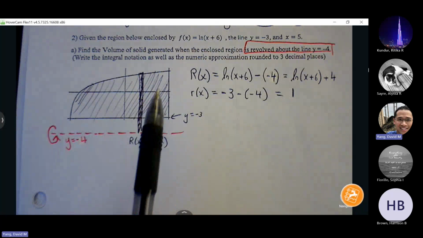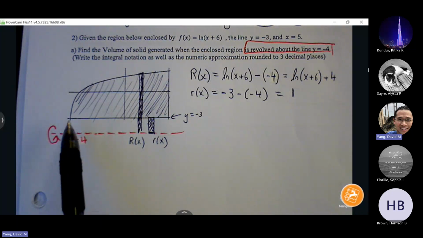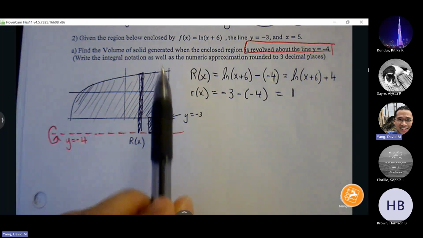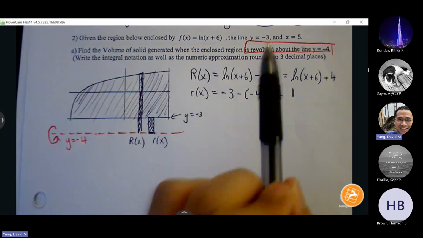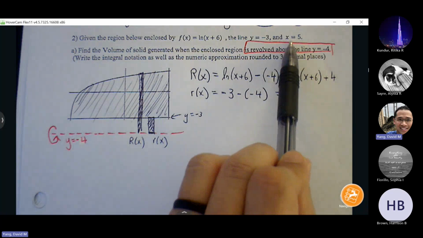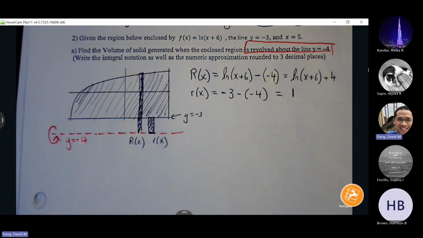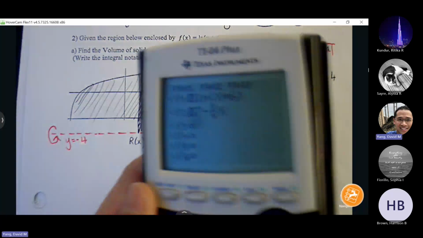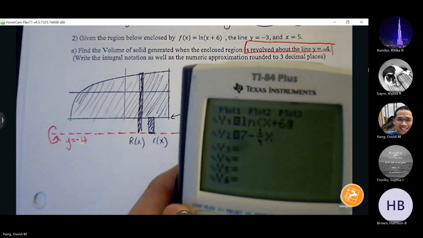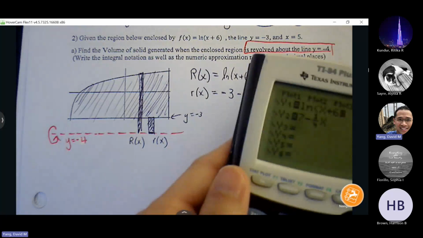Okay, we do need to go to the calculator to find the furthest left x value, and then we know the furthest right is going to be x equals 5, because that's what that vertical line is. Just have to figure out what this intersection is. So I'm going to go to my calculator here. Okay, so natural log of x plus 6 and the line y equals -3.